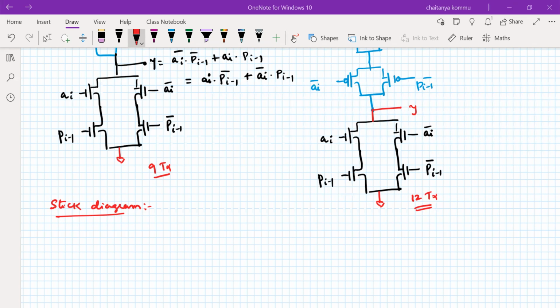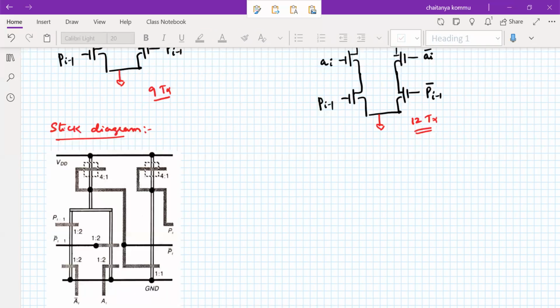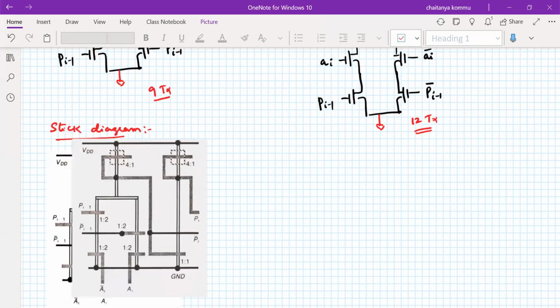Previously, we have already seen. So I have to copy this one and show it here. So this is the stick diagram that we have to do.